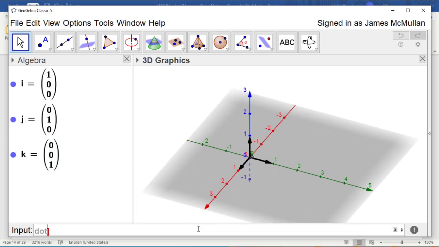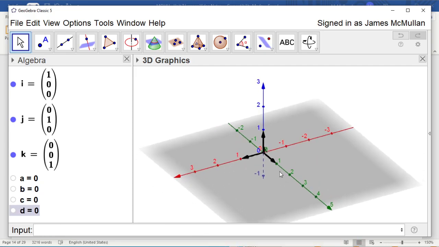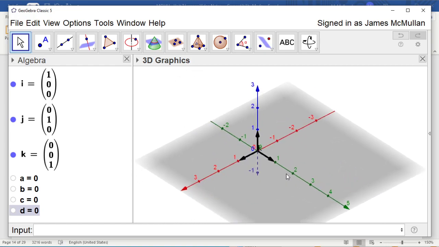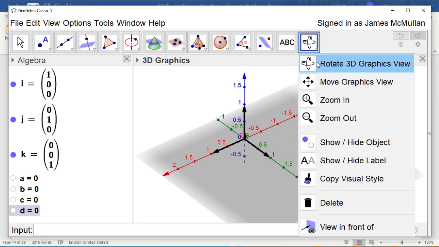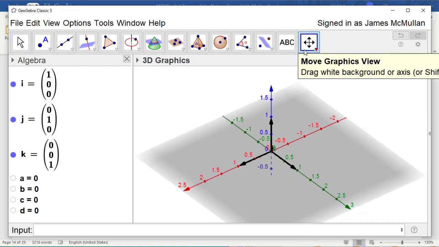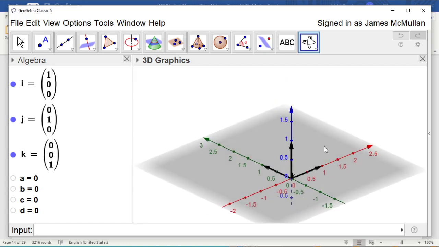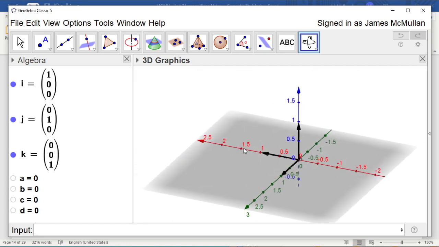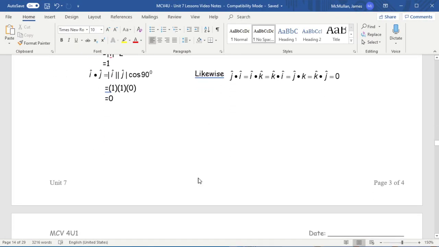So if I dot i and j, it gives me 0. Dot i and k, it gives me 0. And if I dot j and k, it gives me 0. So dotting any of those with each other, because they are all perpendicular, is always going to give you 0. They form the edges and the corner of a box.